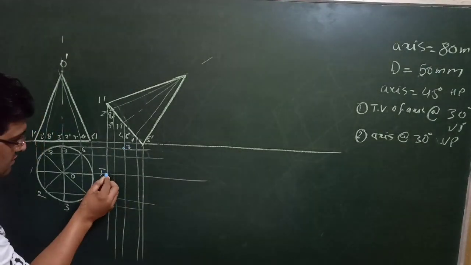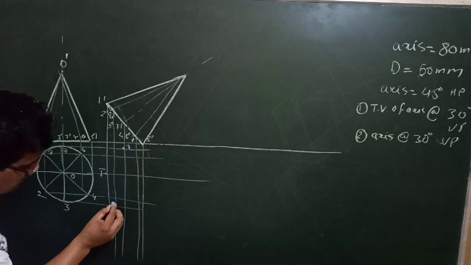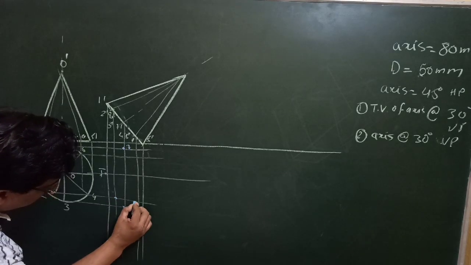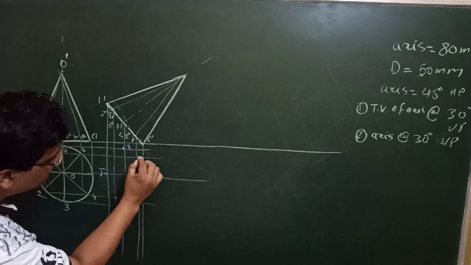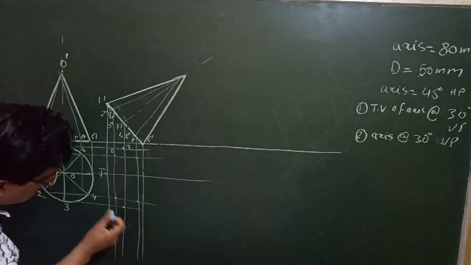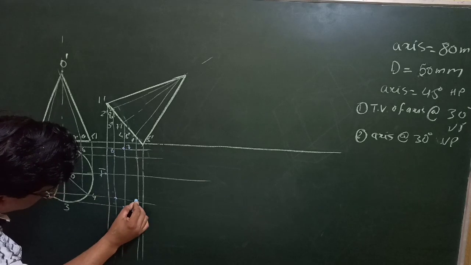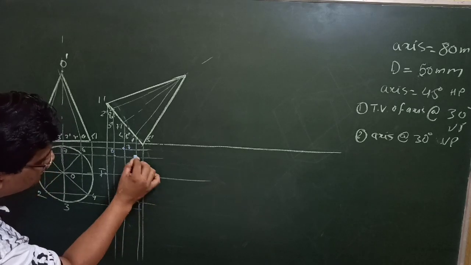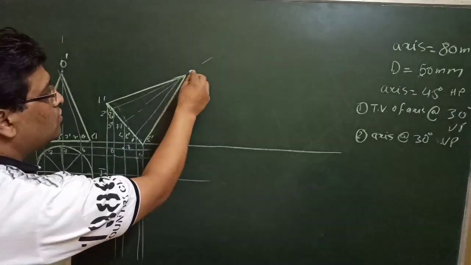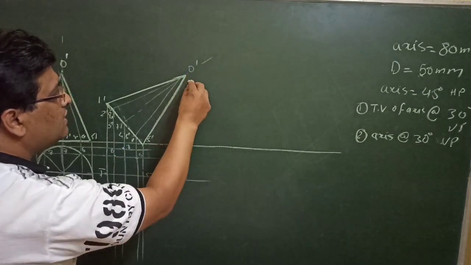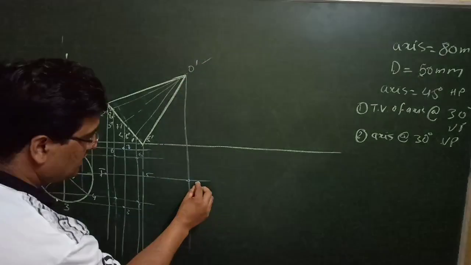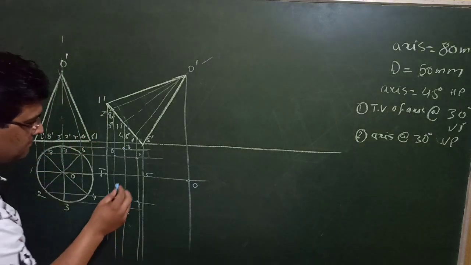This is 1 to 1, so this is 1. This is 2, 3, 4, 5, 6, 7, and this is 8. So 1, 2, 3, 4, 5, 6, 7 and 8. And O to O, so this is O dash. Draw a vertical line from here also, so that we can get point O here.